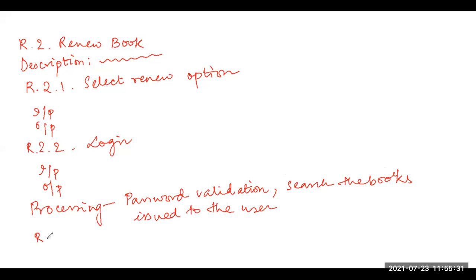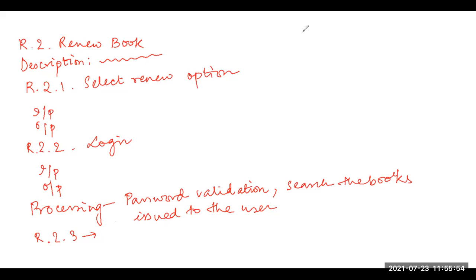So another thing, 2.3, can be that your password is valid. If your password is valid, some functions will be there, and if the password is invalid, other functions will be there. So let us think that my password is valid.